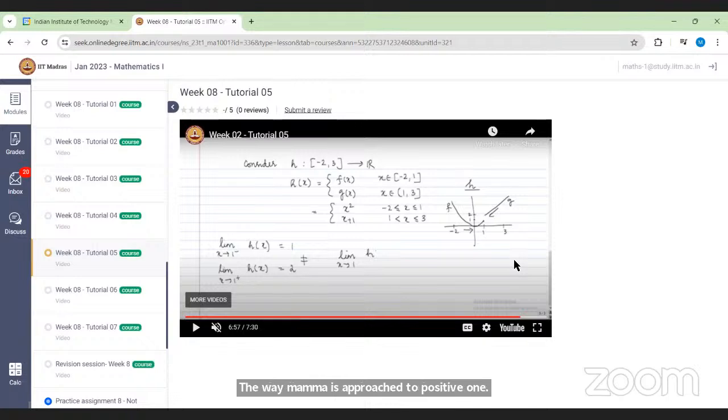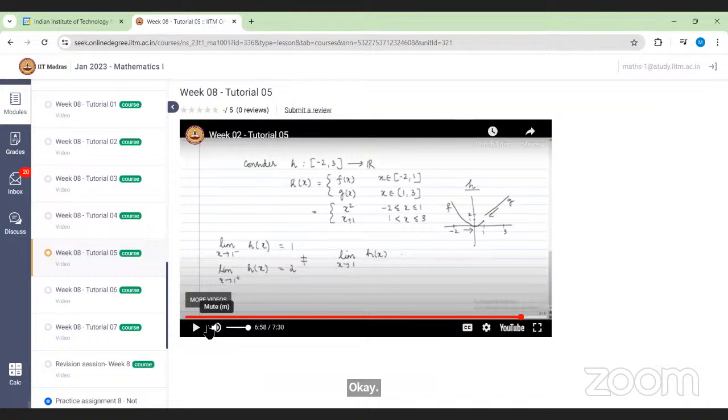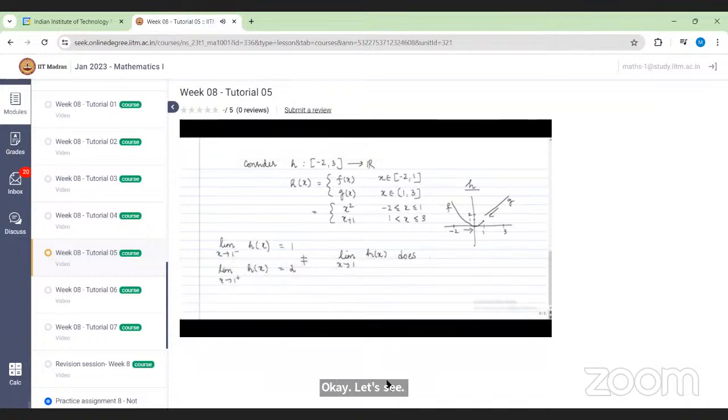Limit x going to 1 plus, right? So x square is given there. What's the problem with x square? No, the way ma'am is approaching 1 plus. Okay, let's see.